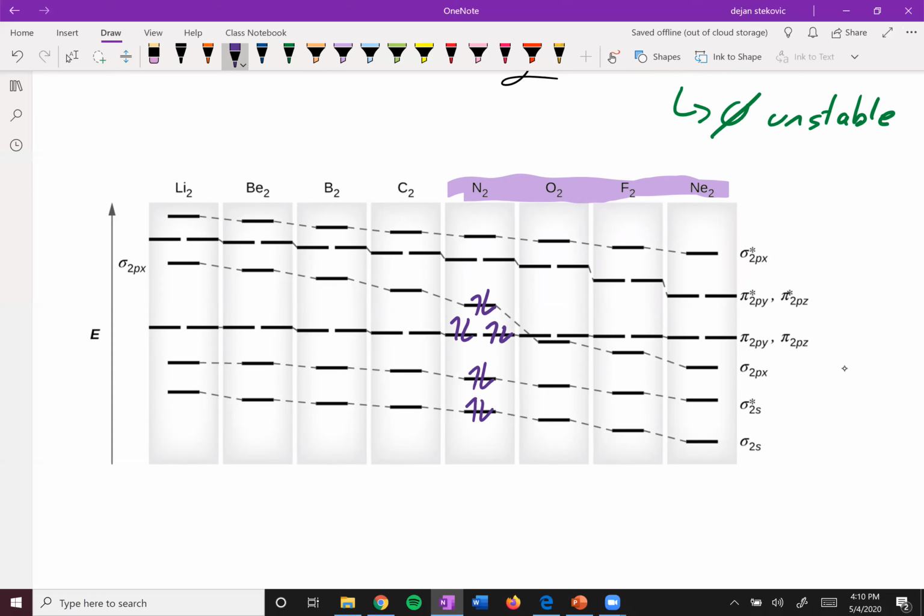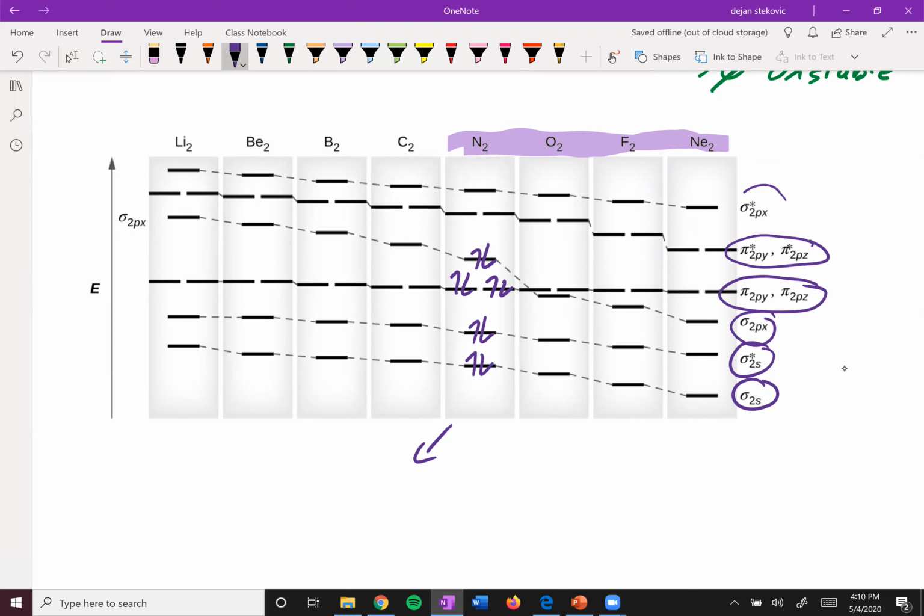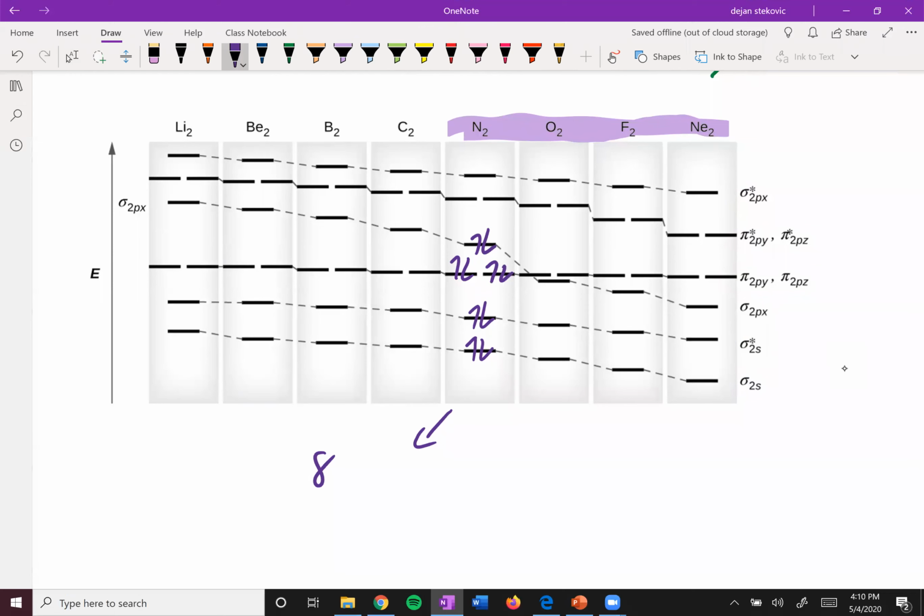Filling the same way we did with the orbitals, right? And so you have to pay attention here. This one's a bonding orbital. This one's an anti-bonding orbital. Bonding orbital, bonding orbital, anti-bonding orbital, anti-bonding orbital. And so you want to figure out the bond order of this. Well, we have 8 electrons in bonding orbitals minus, oops, my bad, only 2 in anti-bonding orbitals, right?